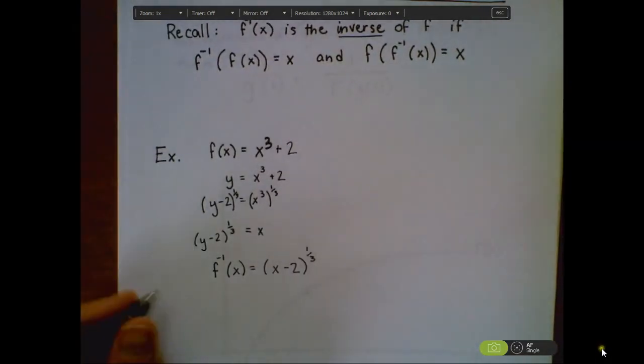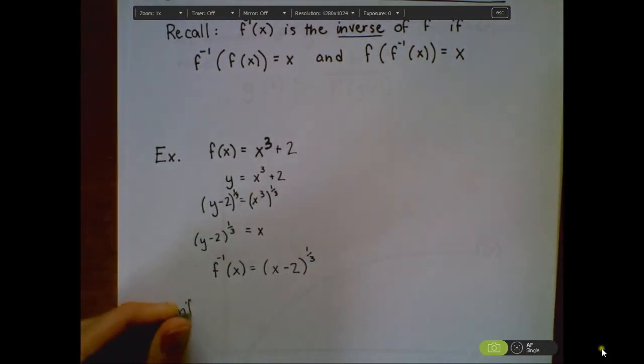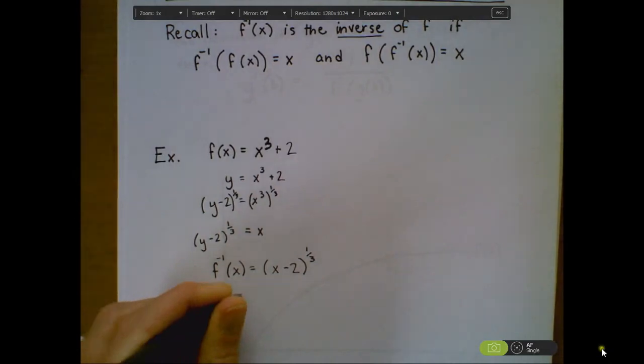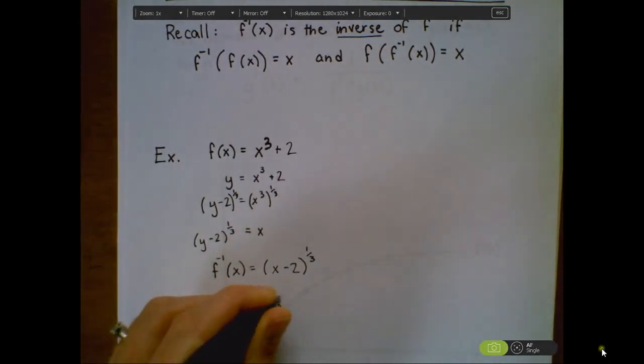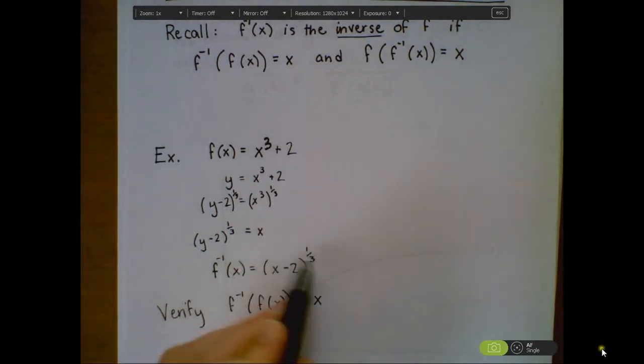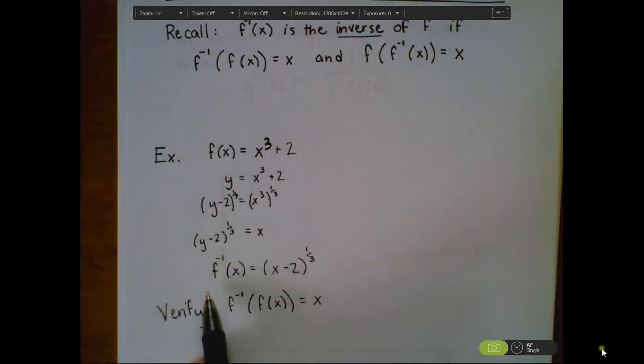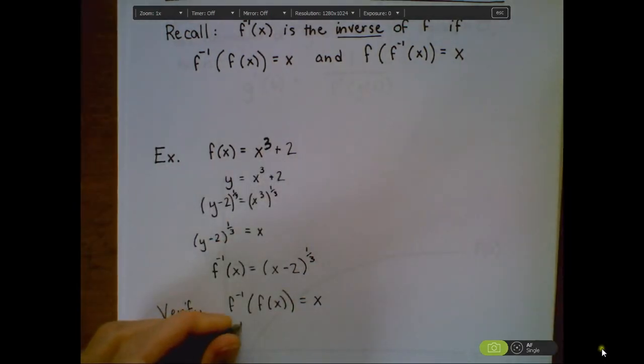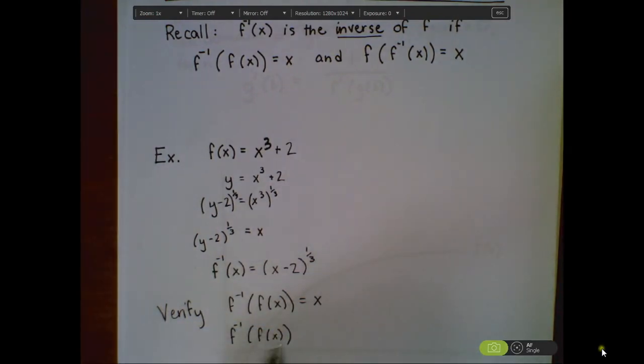So we're going to verify that f inverse of f of x is actually equal to x. So what is my f inverse function? My f inverse function is this function, and I'm going to plug into it my f of x function. So f inverse of f of x means that everywhere I see an x in my f inverse function, I'm going to plug in this function instead.